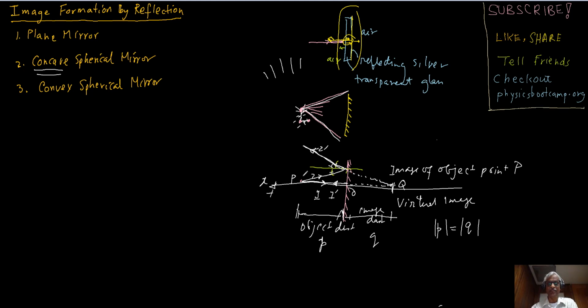So this will be negative and this will be positive. So if P was 10 centimeters, then Q here will be minus 10 centimeters, same distance. If you work out the geometry, you can see the same distance.